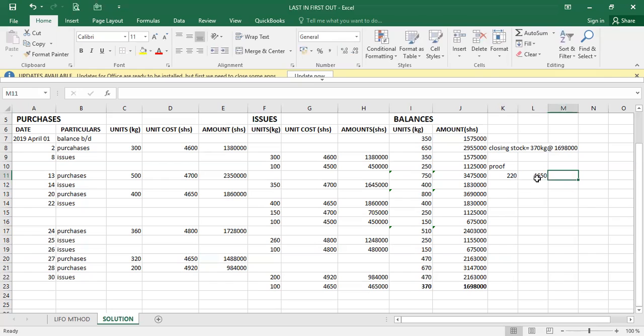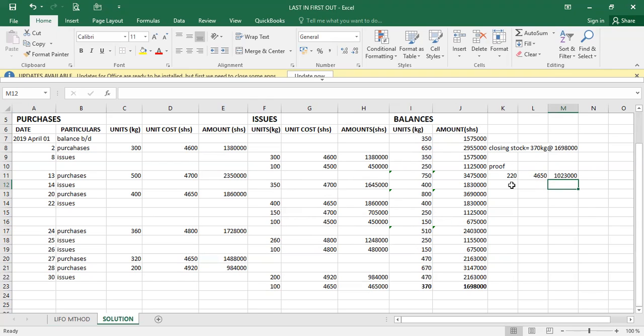Then to get this, it will be this times this. That will give you that. Remember on this stock, we only issued out 100 here and 100 here. Those are the only units we removed, meaning we removed 200 units from this one.